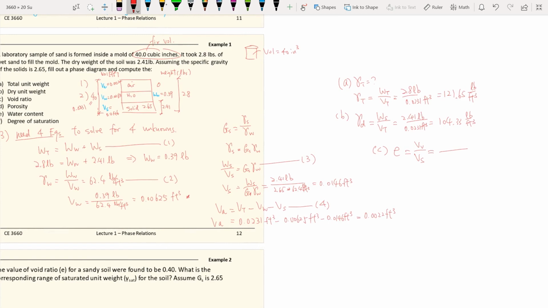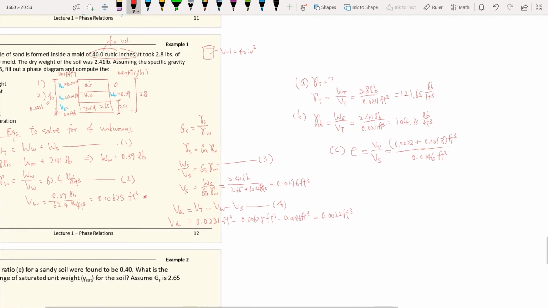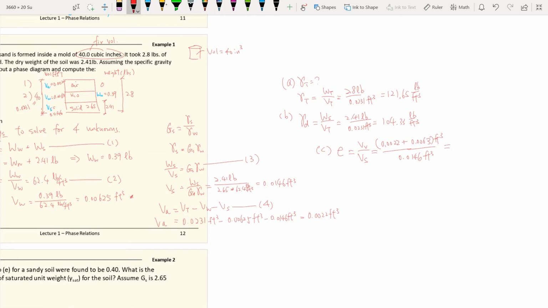So the volume of void is equal to the volume of air, 0.022, plus the volume of water, which is 0.063, and the whole thing is in cubic feet, and then divided by the volume of solid, which is 0.0146 cubic feet. Always don't forget about the units. And then you calculate this, the ratio of the two gives you 0.582.